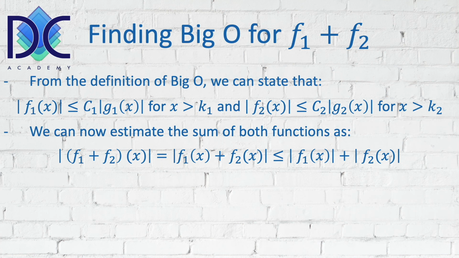We also know from the triangle inequality, when we look at absolute values, that the absolute value of f1 of x plus f2 of x is smaller than or equal to the absolute value of f1 of x plus the absolute value of f2 of x. So the absolute value of a sum of terms is smaller than or equal to the sum of the absolute values.